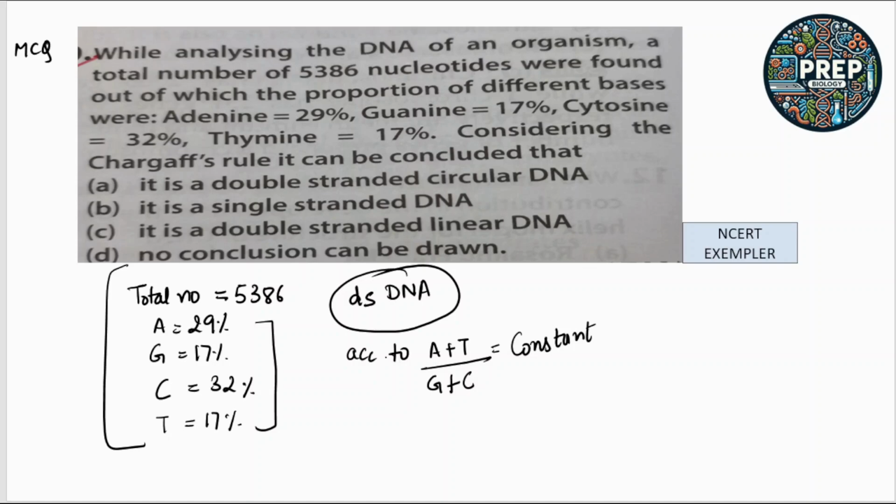In this condition, A is 29%, T is 17%, divided by G is 17% plus C is 32%.